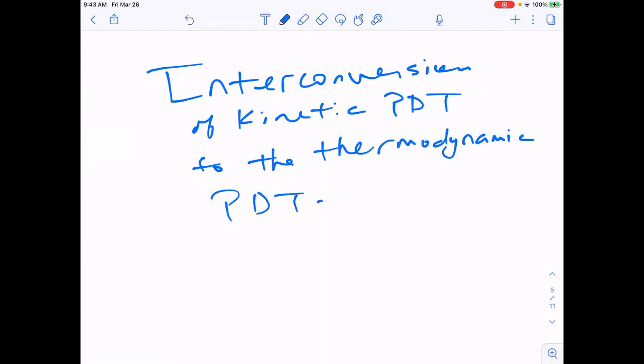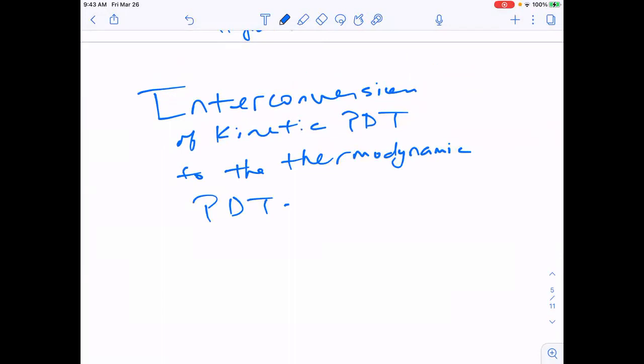All right, so let's talk about that. And I think that'll be the last talk about. So how do you interconvert between the kinetic and the thermodynamic product, since under thermodynamic conditions or higher temperatures the reaction becomes reversible?